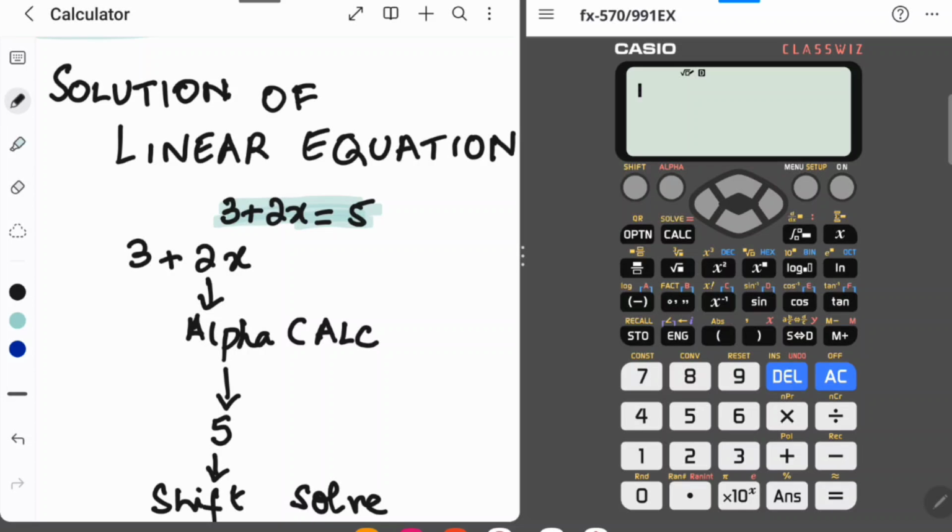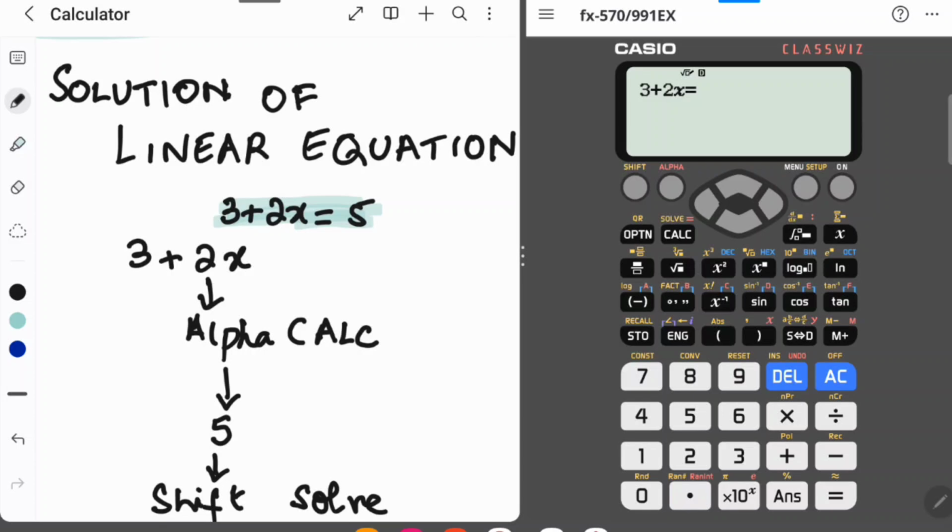For example, 3 plus 2x equals 5. It's very simple and very easy to do, but if you want to check your answer is correct, you can press and then write the equation. Like for example, I've taken 3 plus 2x equals 5. 3 plus 2, this is x, equals to: for equals you press alpha and then this button.